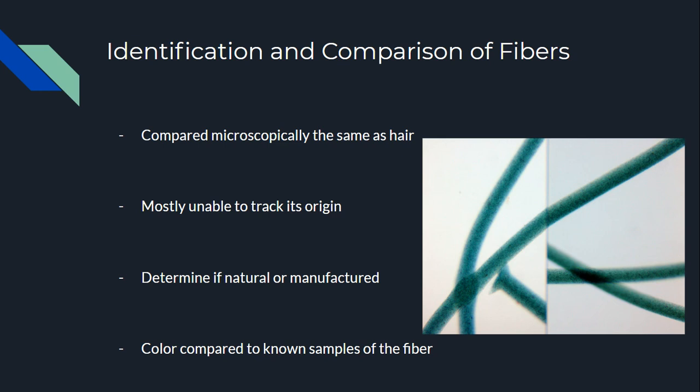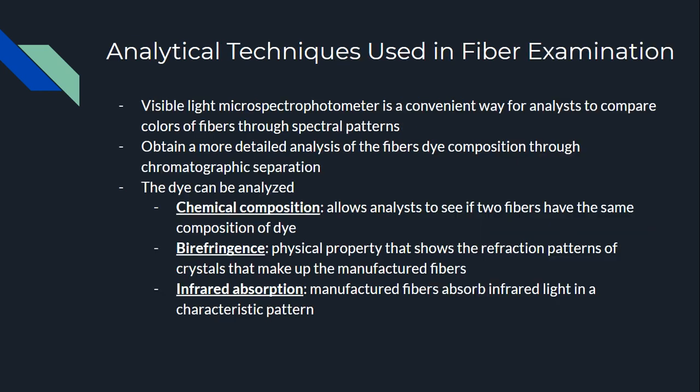Silk is considered a natural fiber, but it can also be made synthetically. Most of the fibers you collect from crime scenes will be unable to track in origin. So you want to determine if it's natural or manufactured, and then run that chemical composition and color against known samples of fiber and known manufacturers that use specific color dyes.